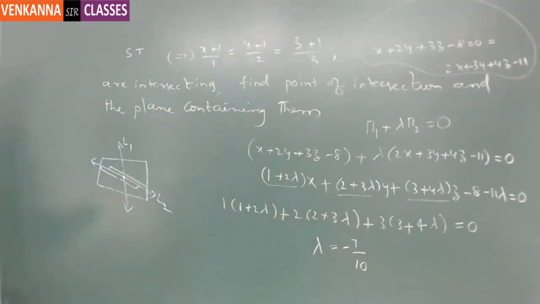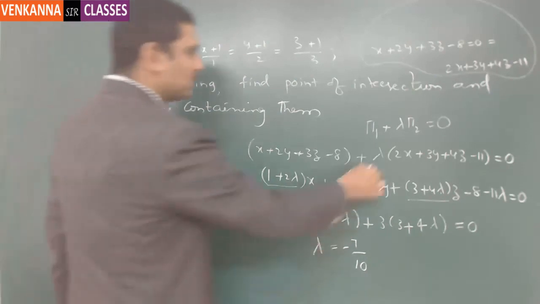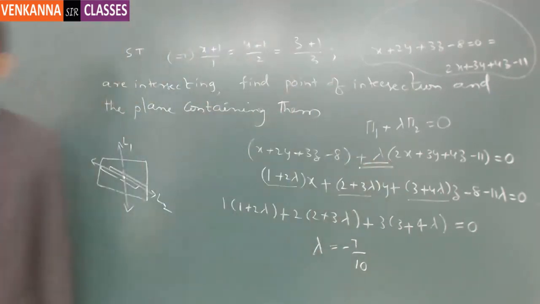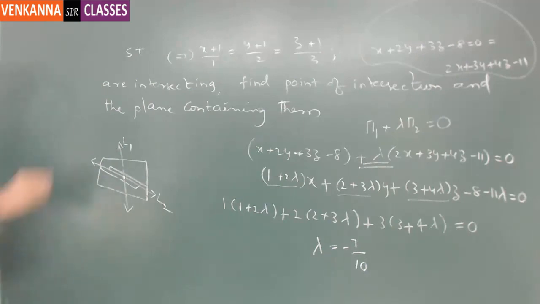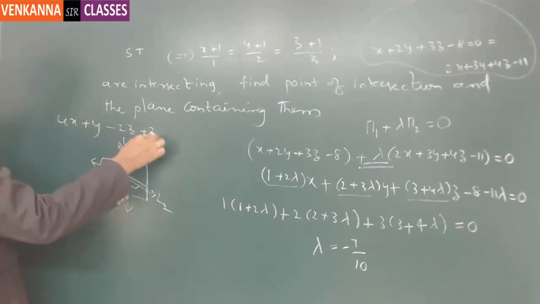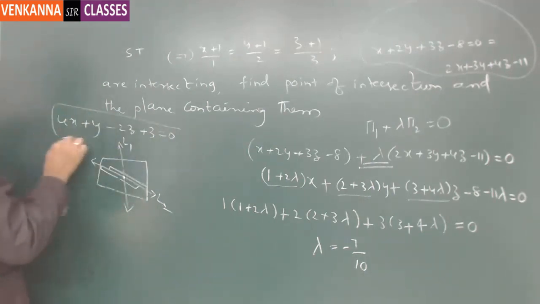If you substitute the lambda value, the required plane equation on simplifying would be 4x plus y minus 2z plus 3 equal to 0.